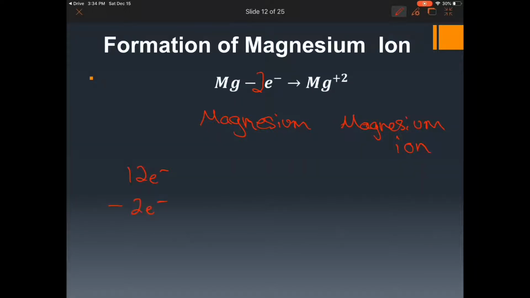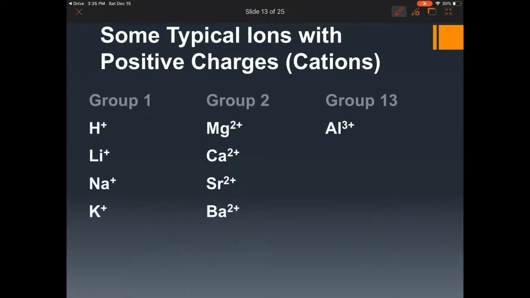It gives 2 away, and now we have 10 left. This one, 12 electrons, 12 protons. There's a 0 difference. Here we have 10 electrons, 12 protons. There's 2 extra protons in this one, which gives it that +2 charge.